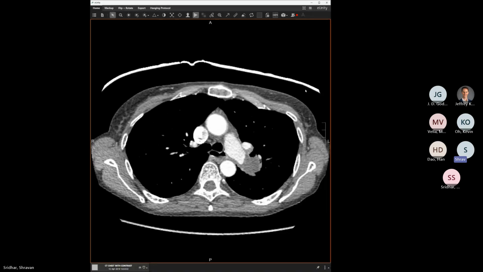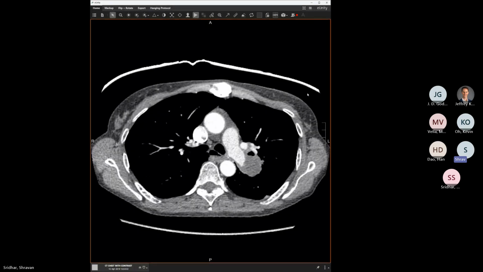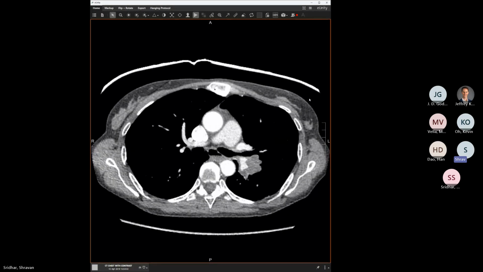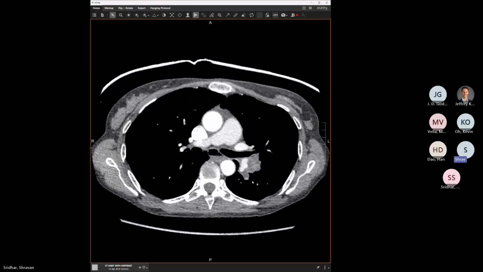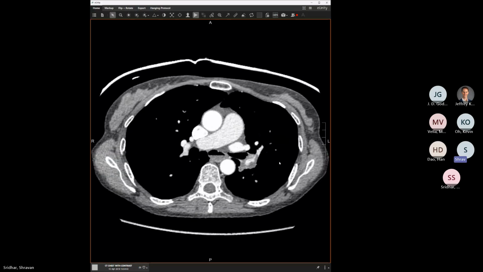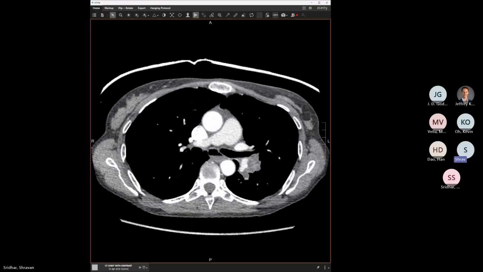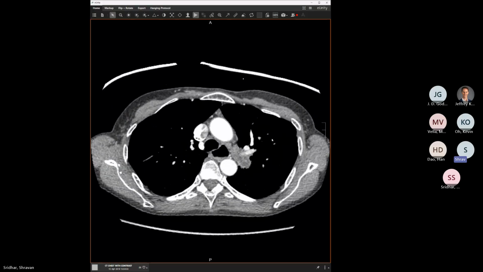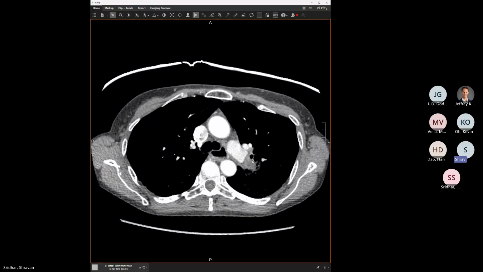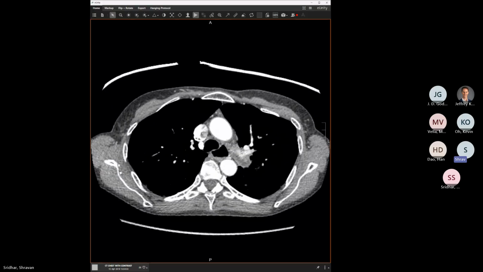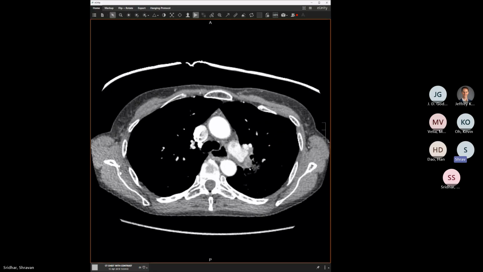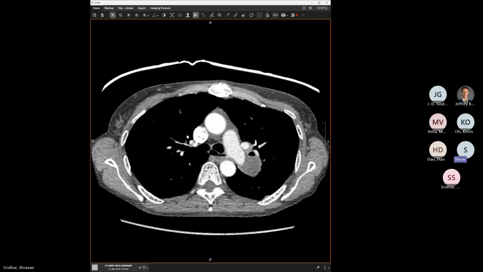So here you can already see what I'm going to be pointing at, which is this abnormal filling defect in the left hilum, in the left hilar pulmonary arteries. And you can see that there are some other little filling defects located along the periphery of the main filling defect here.